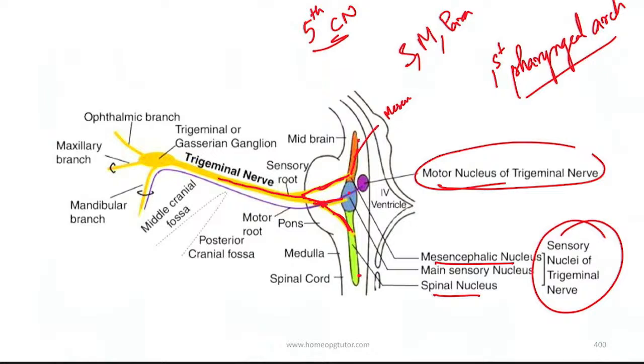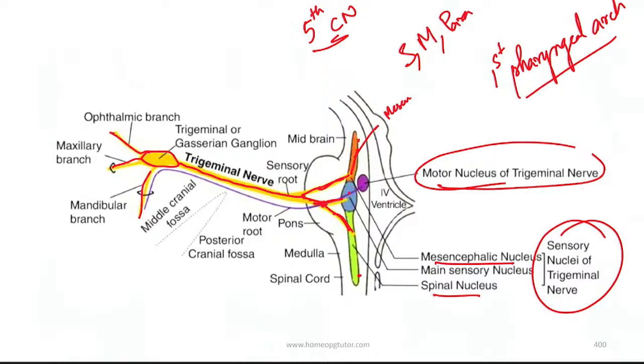Then it goes into the middle cranial fossa from the posterior cranial fossa, after reaching the trigeminal ganglion. There is something called the trigeminal ganglion that is present in the middle cranial fossa. After entering the trigeminal ganglion, it gives off three major branches: the ophthalmic branch, maxillary branch, and the mandibular branch.